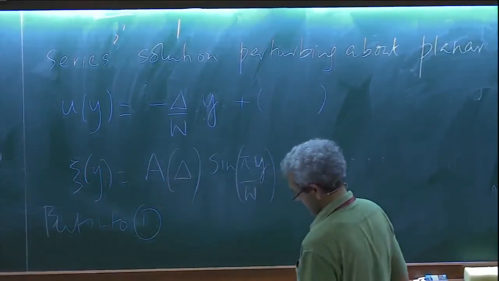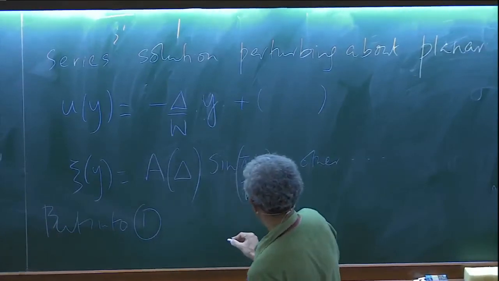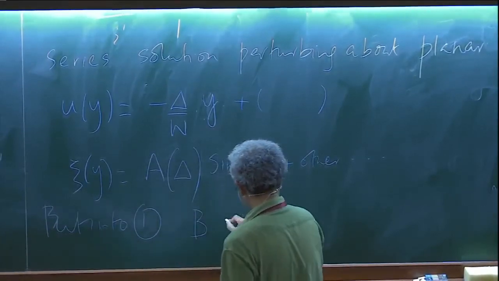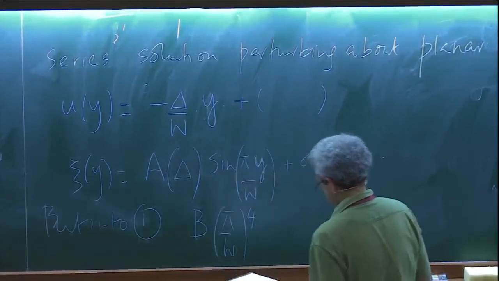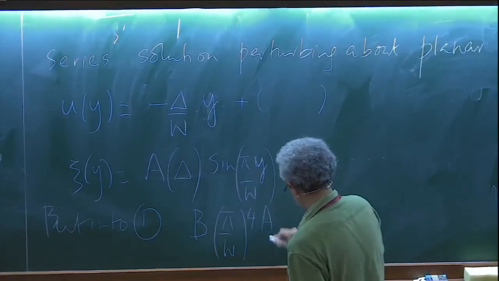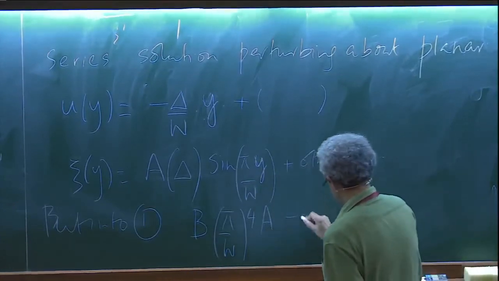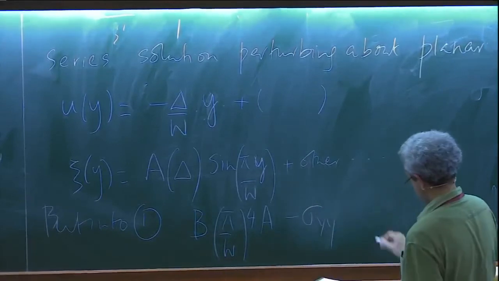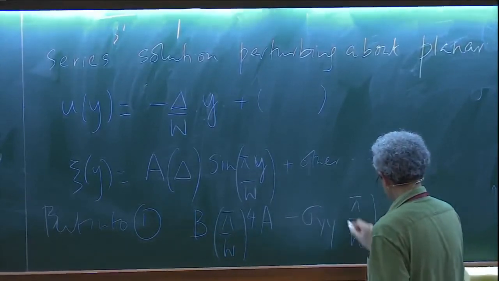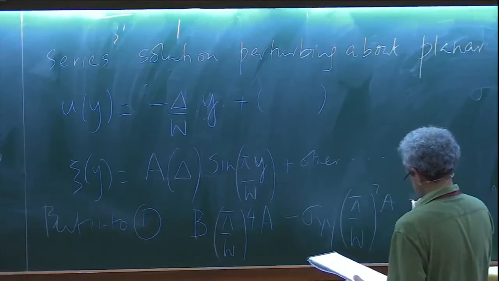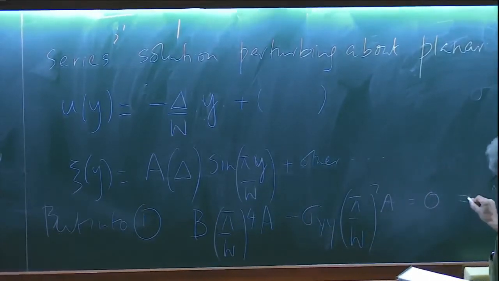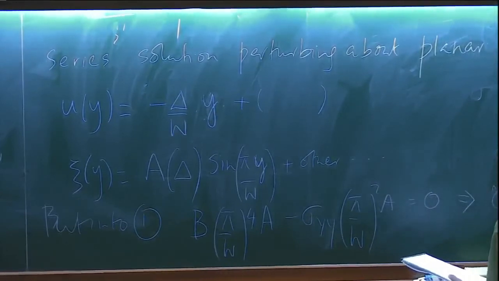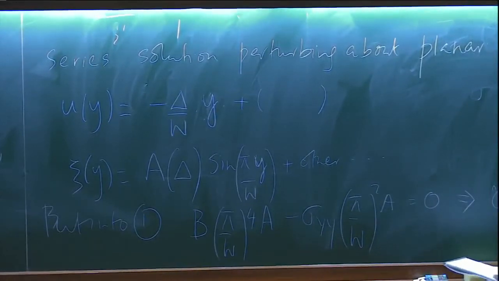I get B pi over W to the fourth power, linear in A, minus sigma YY pi over W squared, linear in A, equals 0, which of course just gives sigma YY is B pi squared over W squared.